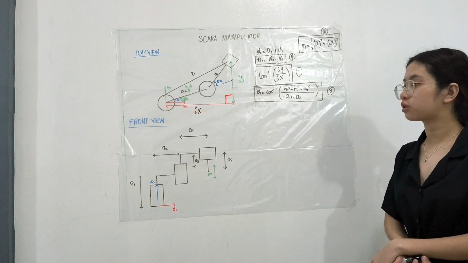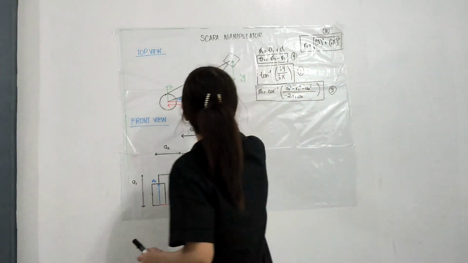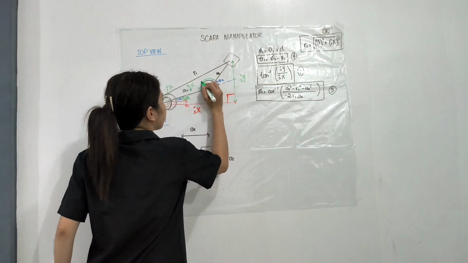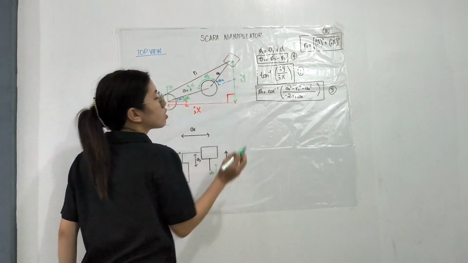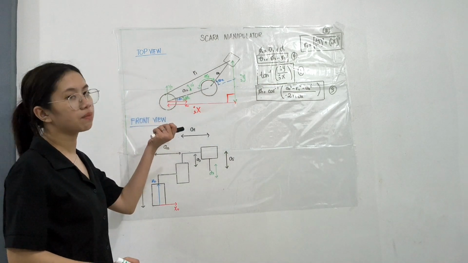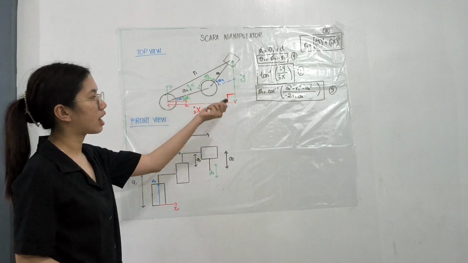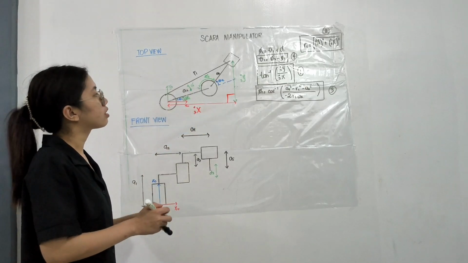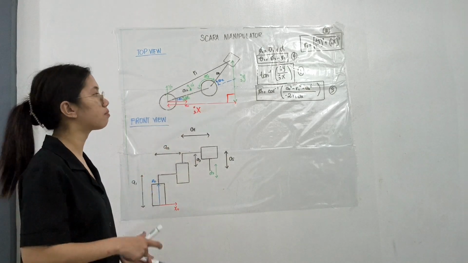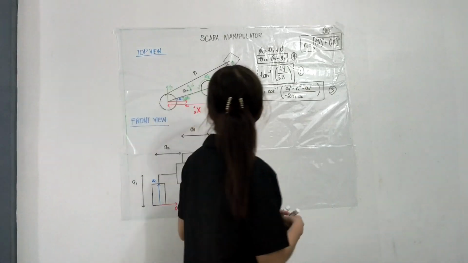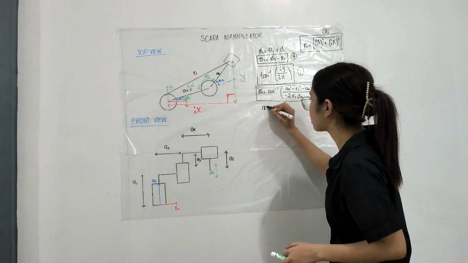To solve for theta 2, we need another angle, which is phi 3 here. We need phi 3 because this is a straight line from the base up to the side of theta 2. This is a half circle, so it means this is 180 degrees.